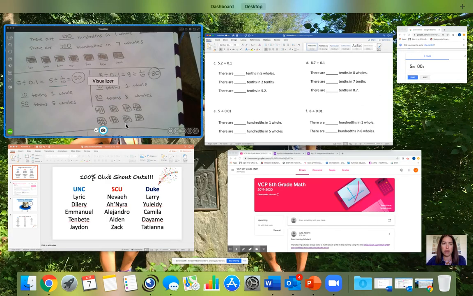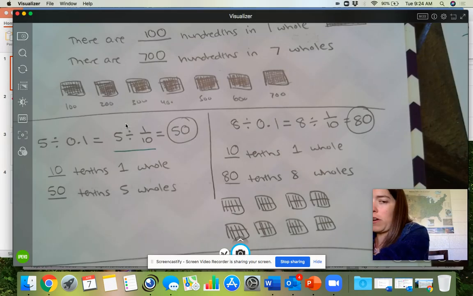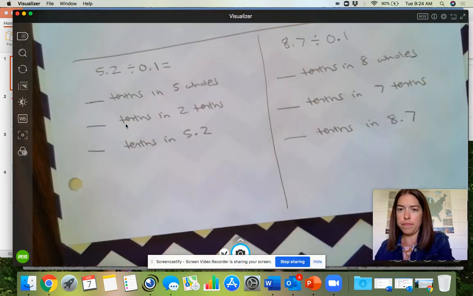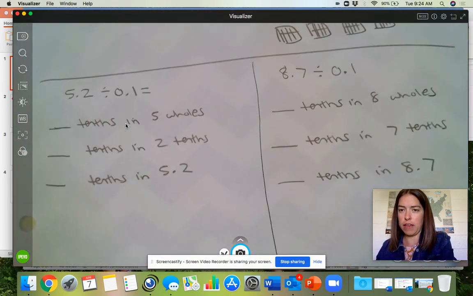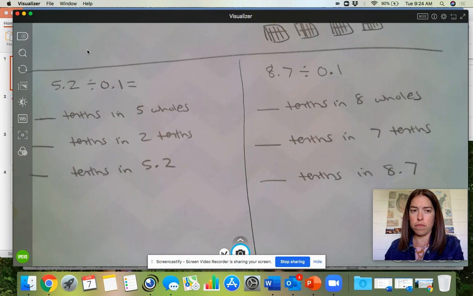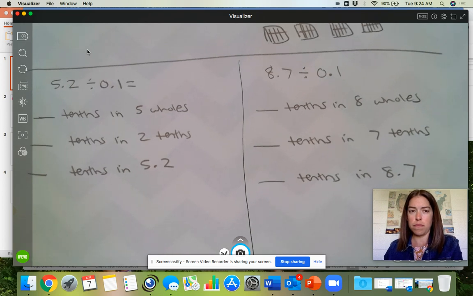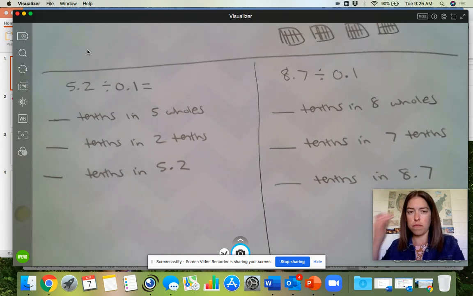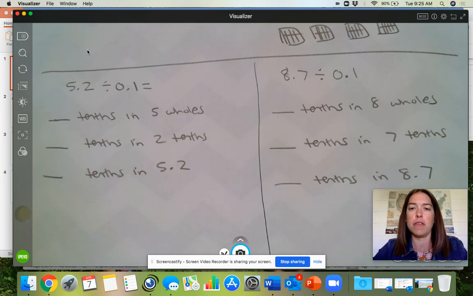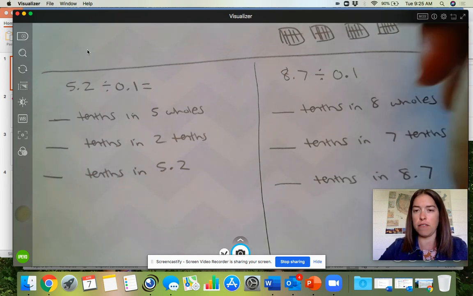All right, if you need any help getting it set up on your paper, this is what mine looks like. Go ahead and take about 1 more minute and 30 seconds to finish filling them in. Don't forget, you're also writing it as a fraction.